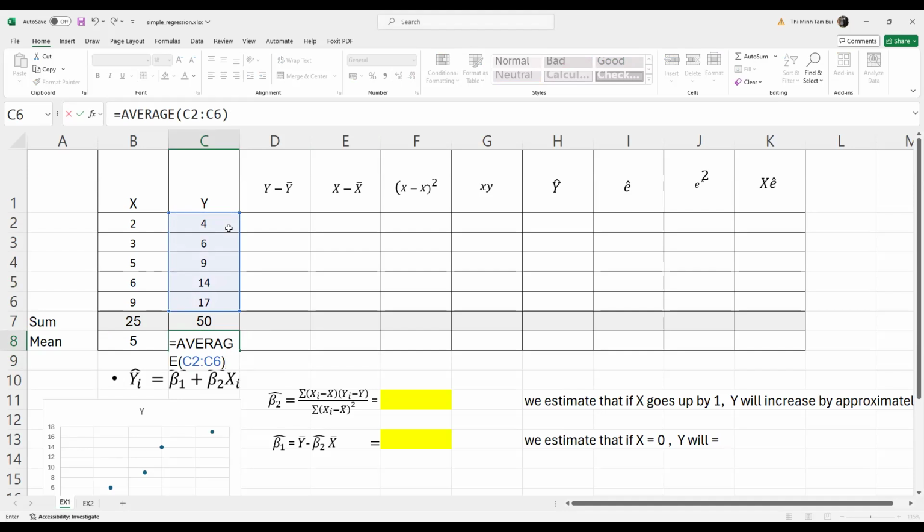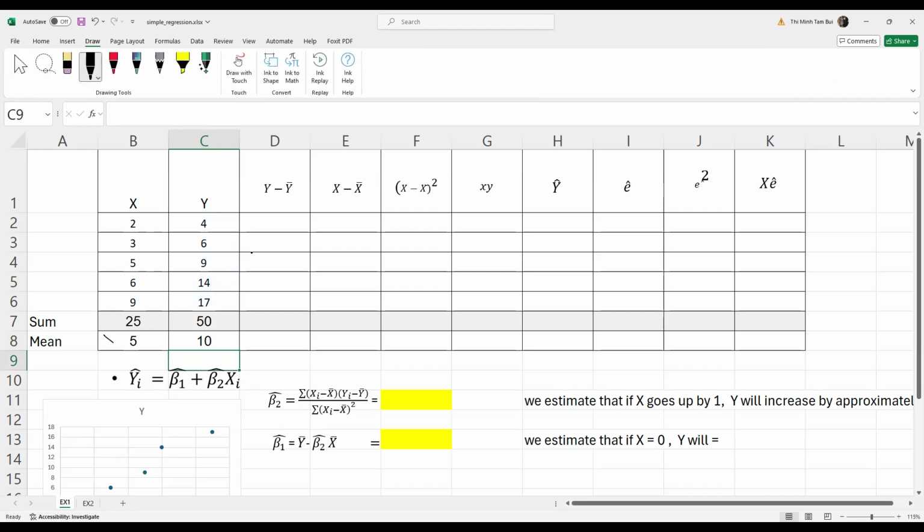Just choose the 5 numbers that we would like to find the relationship of. So this is x bar. This is y bar.